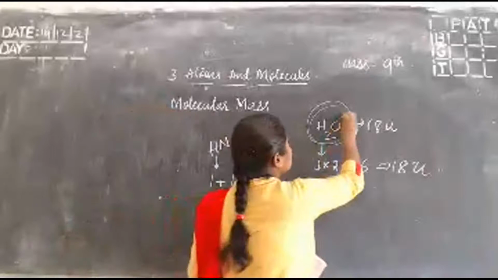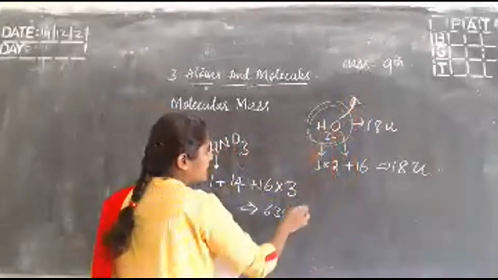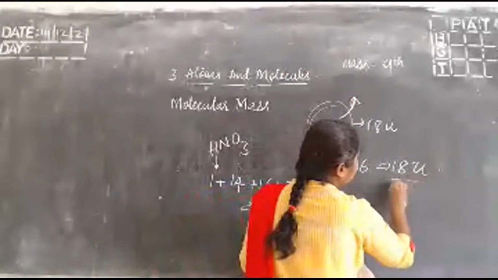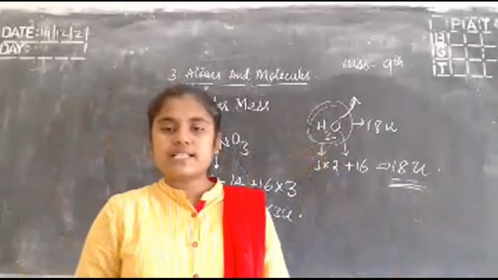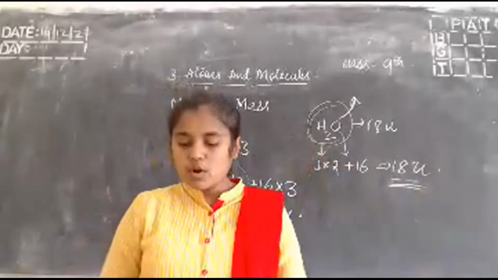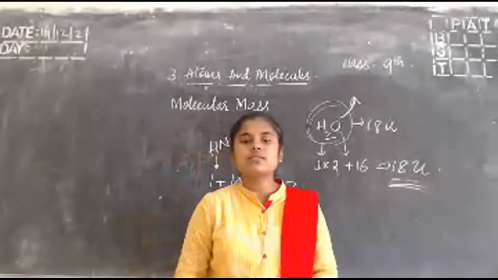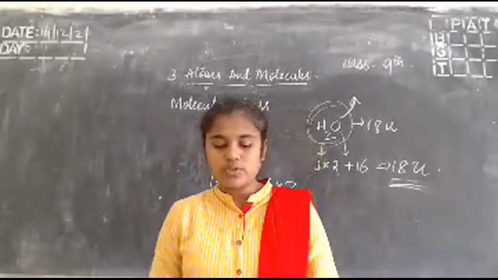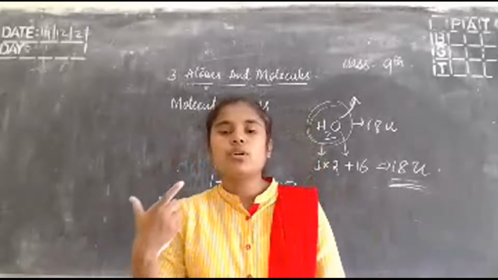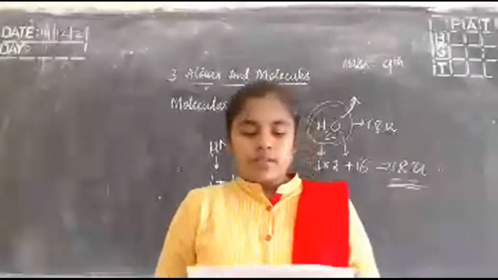So if you take water, it has the molecular mass of 18 U. The molecular mass of a substance is the sum of the atomic masses of all the atoms in a molecule of the substance.